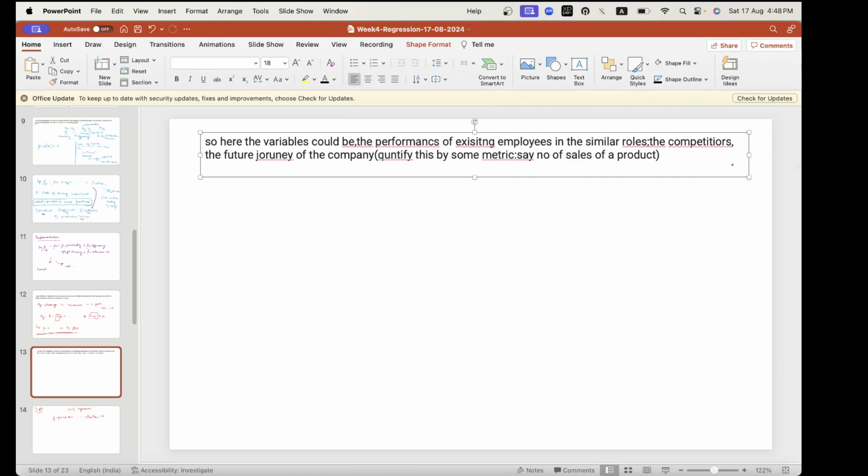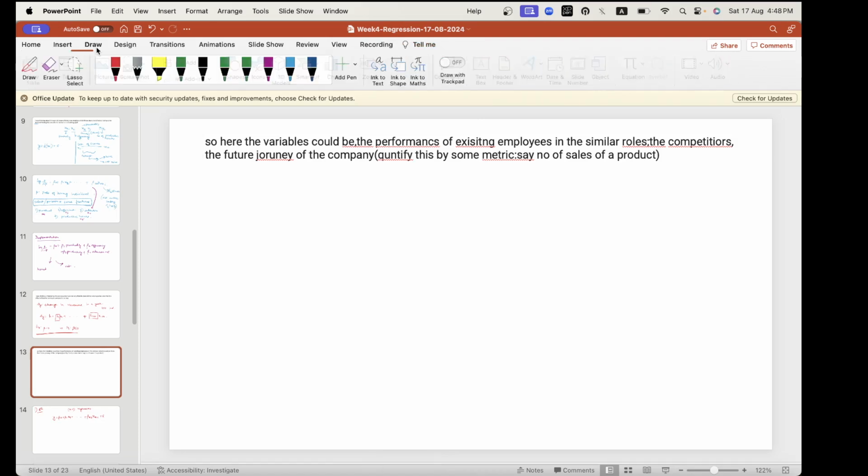So if someone comes with an experience, in this case you can take this experience as some metric and then find out whether they can be hired or not.